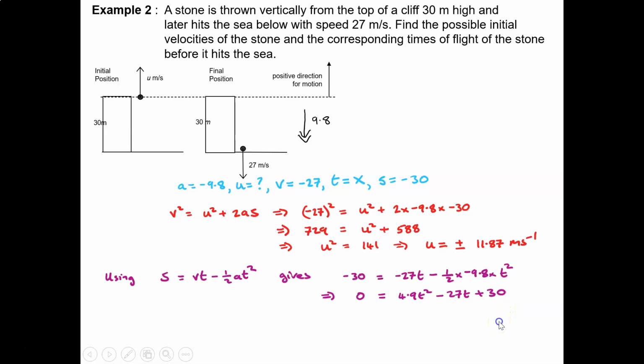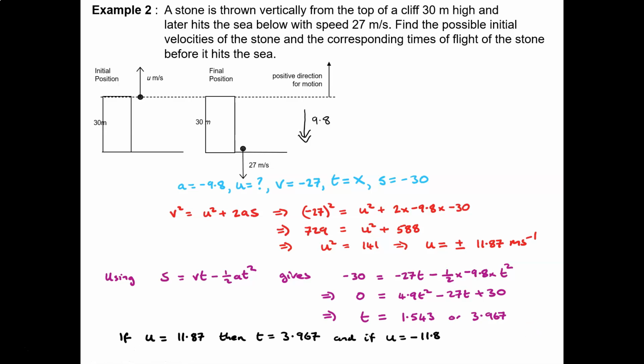Solving this on your calculator or formula, and we get t is 1.543 or t is 3.967. Therefore, if it's thrown downwards, it would take shorter time to hit the sea, so it would be 1.543. If it's thrown upwards, it would have to go up and then back down, so that 3.967 would be the time if it was thrown upwards.